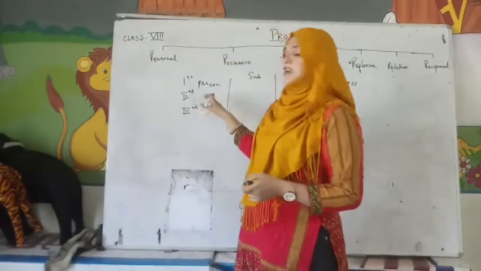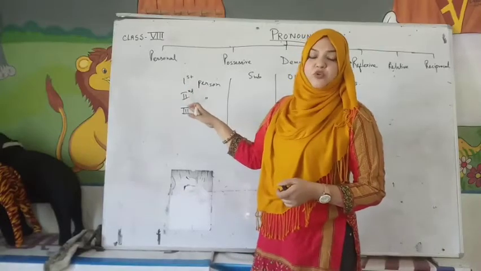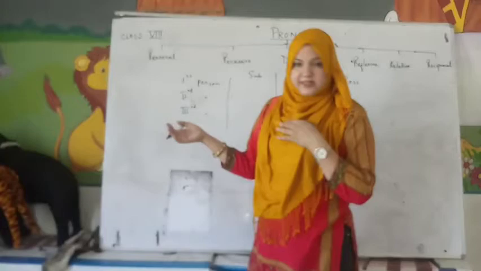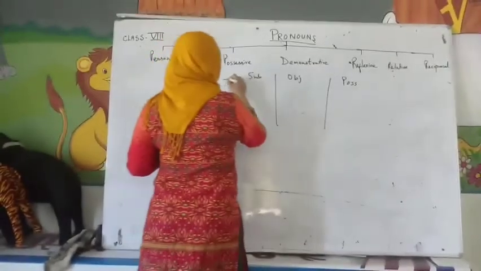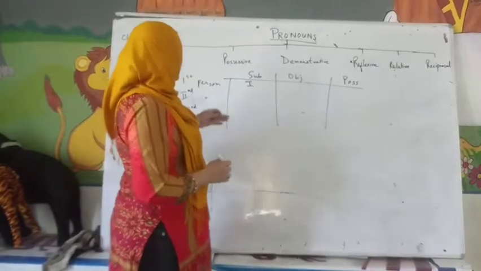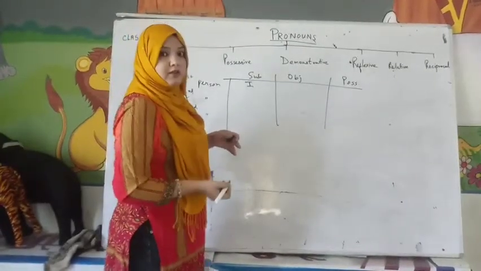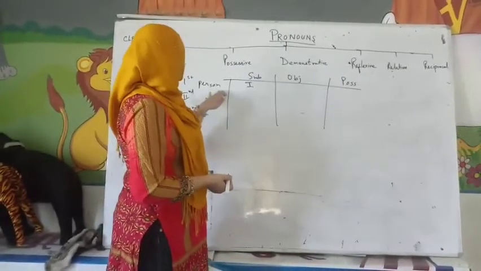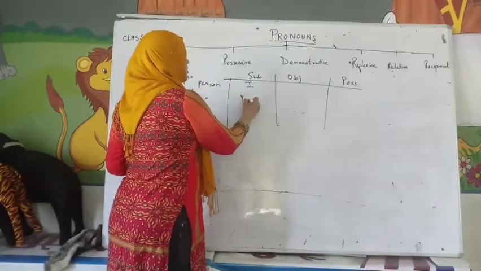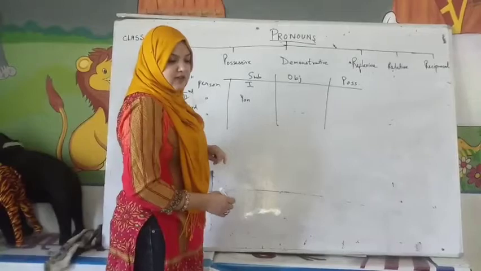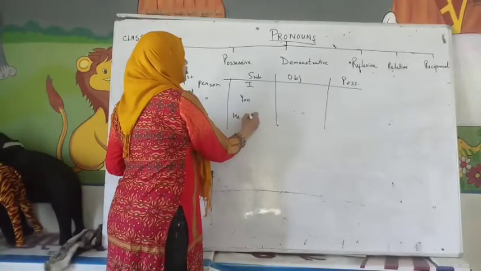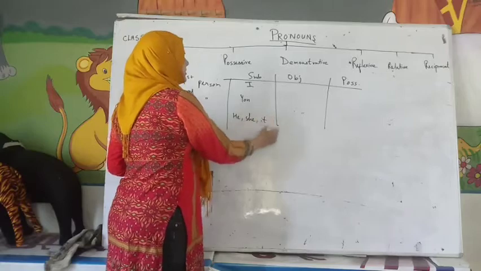So, when we are using first person, the pronoun we use for first person is I. Second person you're talking to, so you, and third person is he, she, it.